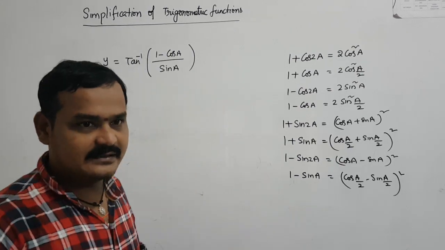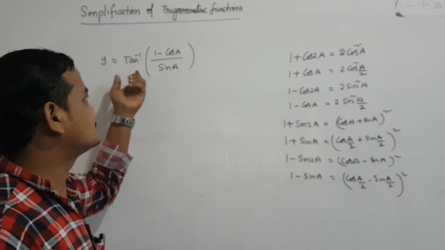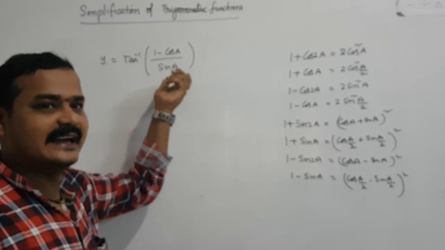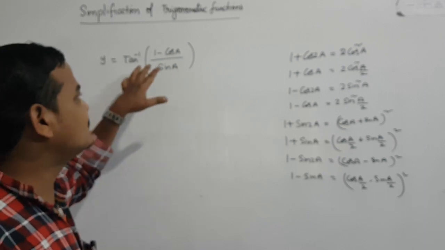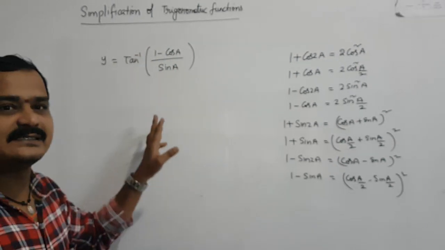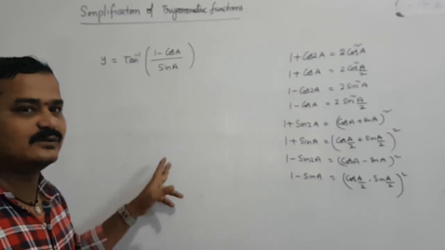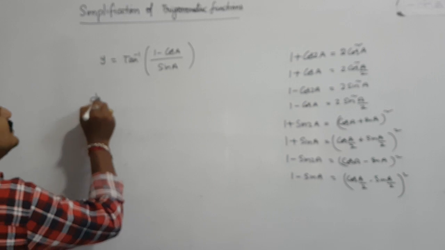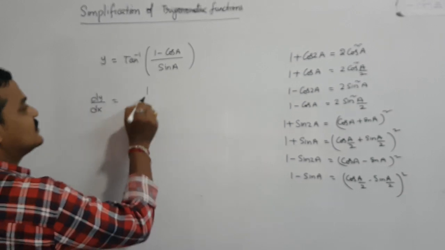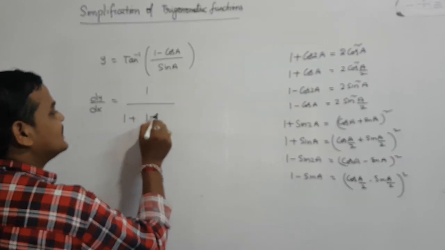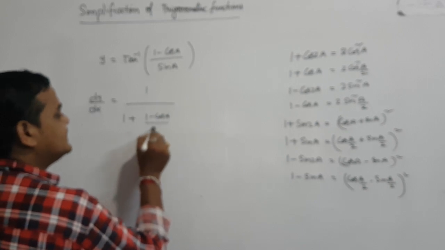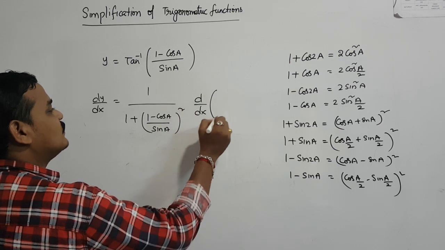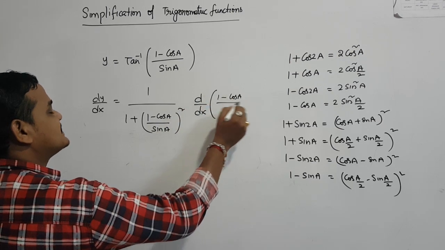The first function is tan inverse, the second function is (1 minus cos A) by sin A, again it is u by v. So dy by dx is equal to 1 by 1 plus (1 minus cos A by sin A) whole square, into d by dx of (1 minus cos A) by sin A.